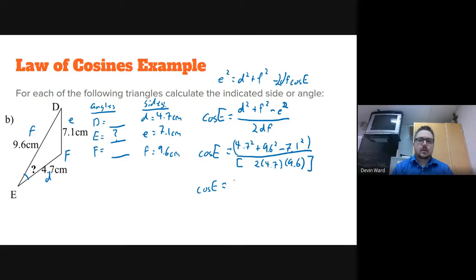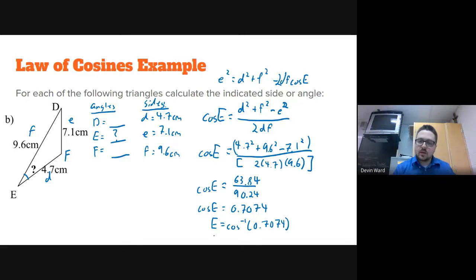If you do that, you'll get 63.84 divided by 90.24. Cosine of E equals 0.7074. And then to get rid of the cosine, we do the inverse cosine on the opposite side.